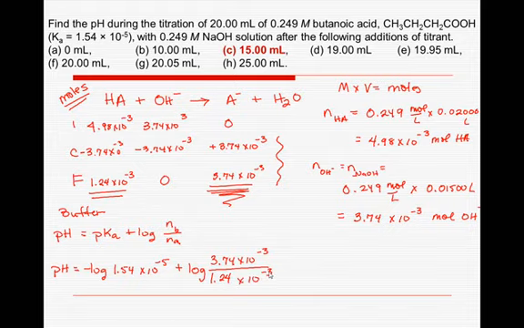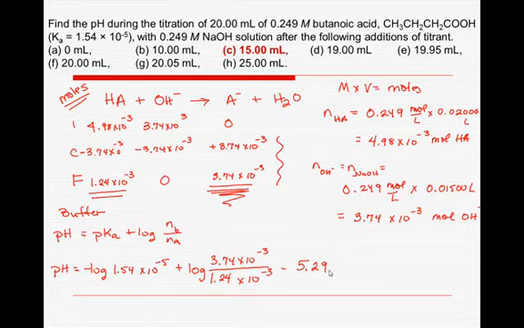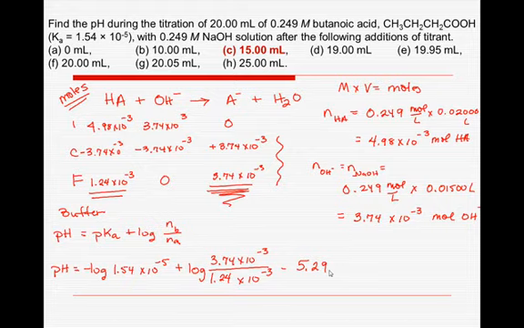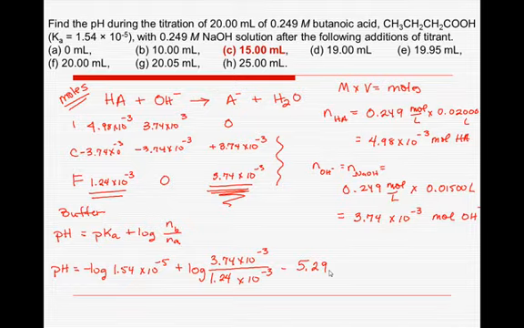When you do the calculations here, you end up with a value of 5.29 for your pH. Now, if we compare that to the previous problem, part B, we're going to see that the pH did rise. It was 4.812, and now it's 5.29, so it did go up, but it didn't go up a whole lot.